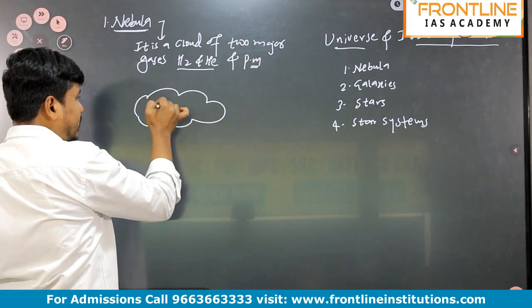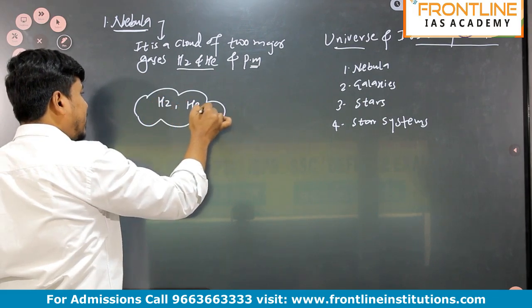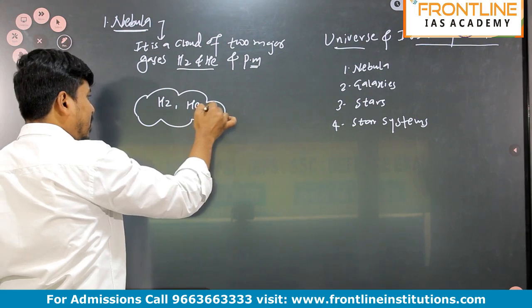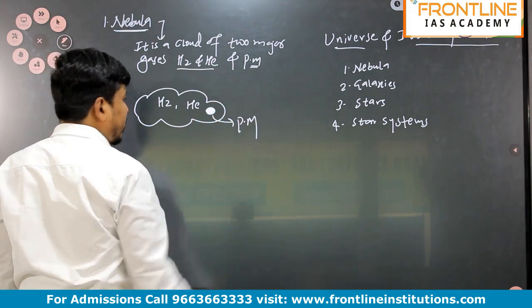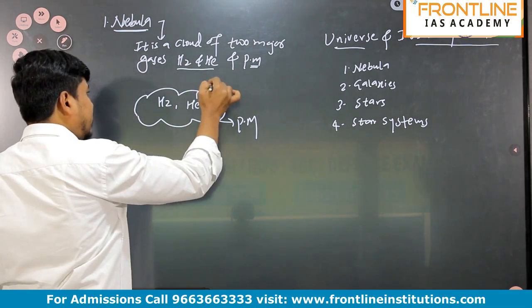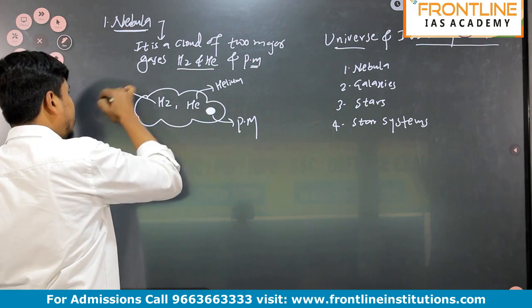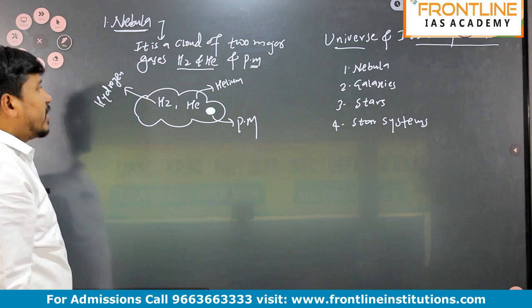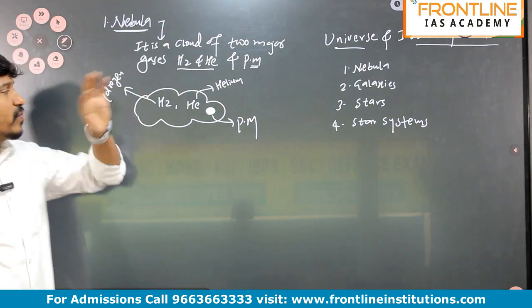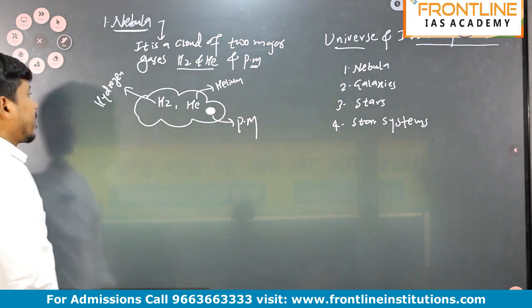It is a cloud-like structure of two gases, hydrogen, helium, and particulate matter, right? PM we call particulate matter. So a group of these two important gases and the particulate matter together we call nebula, right?